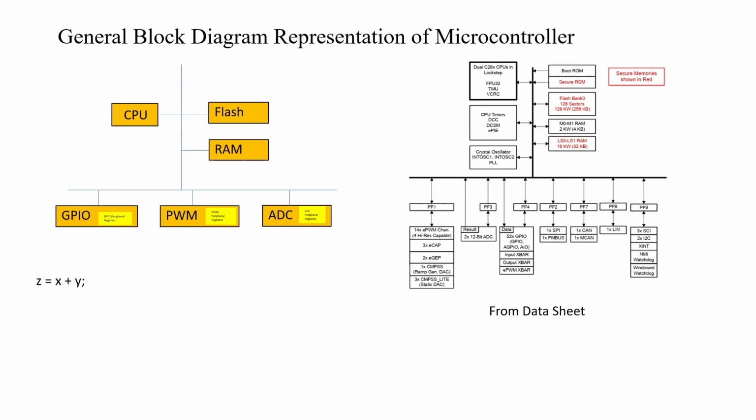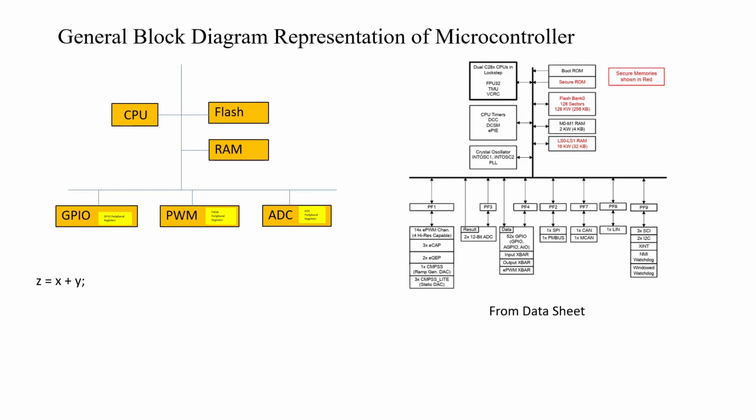If I write, say, const x = 10, even if you switch off and switch on, we can see the value will still be present in the flash. We will see in detail the different sections of the code and other things in the subsequent lectures.